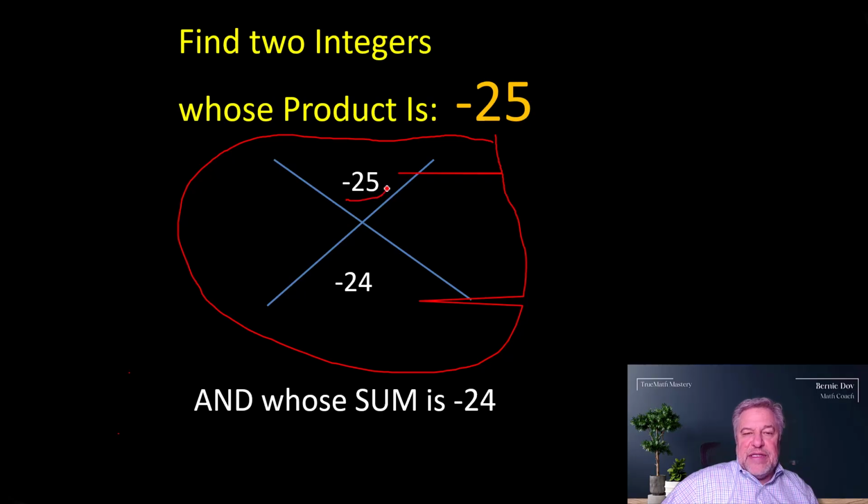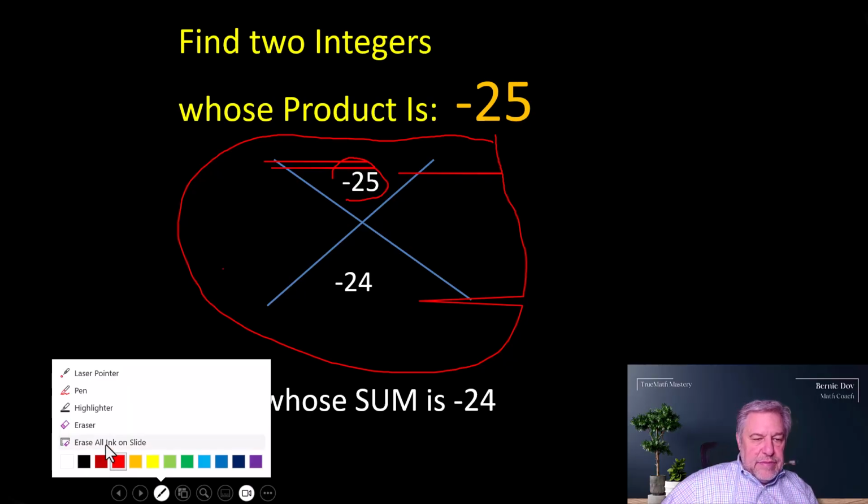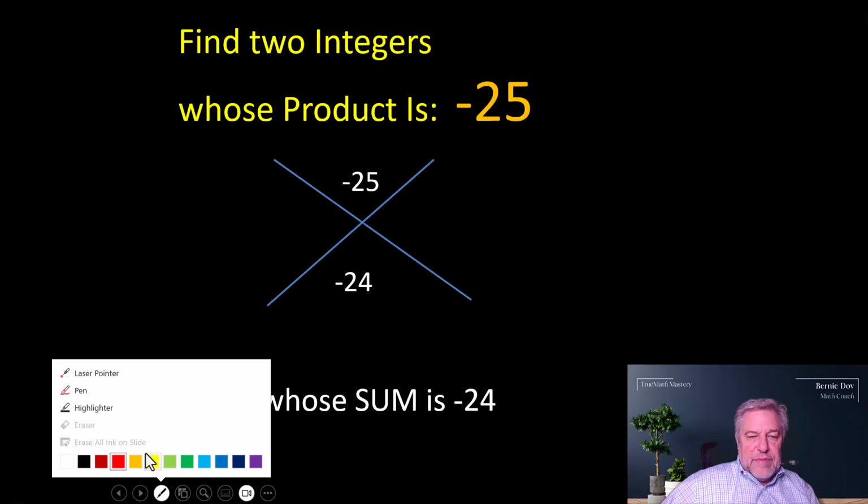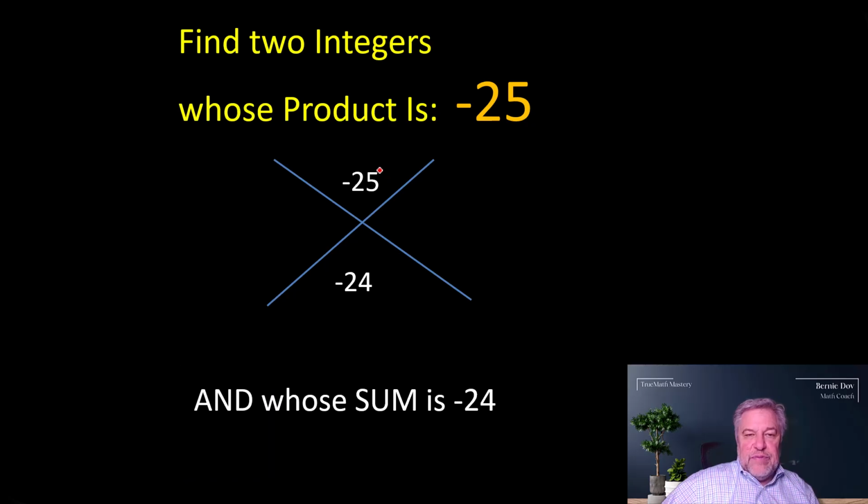The top number is AC, which is negative 5 times 5, the top number is negative 25, which we got by multiplying A times C, and the bottom number is negative 24. And what we're looking for is two missing numbers whose product is negative 25, and whose sum is negative 24.